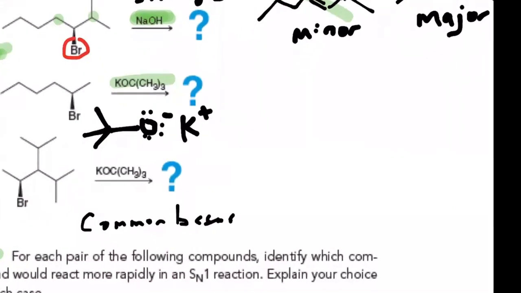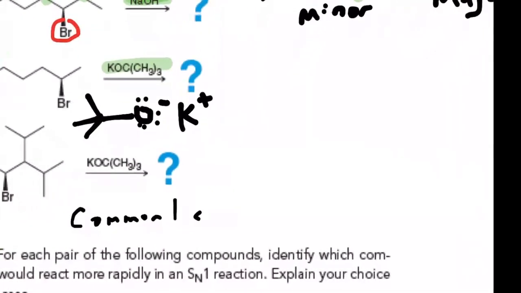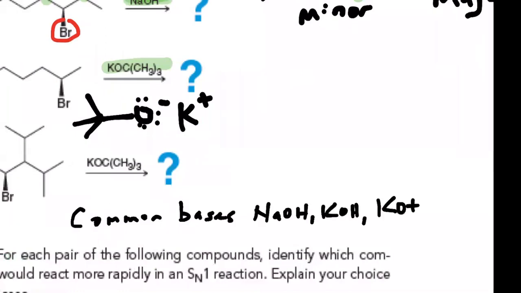So I'll just write those common bases down here: NaOH, KOH, potassium tert-butoxide, NaNH2. All those bases are used to do E2 elimination.